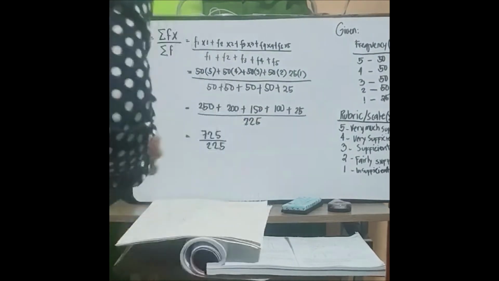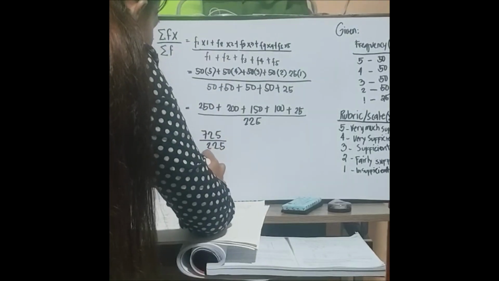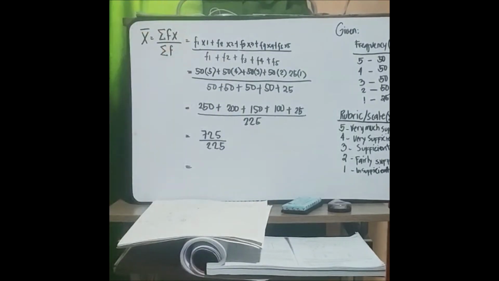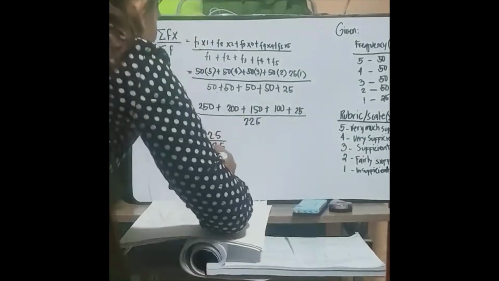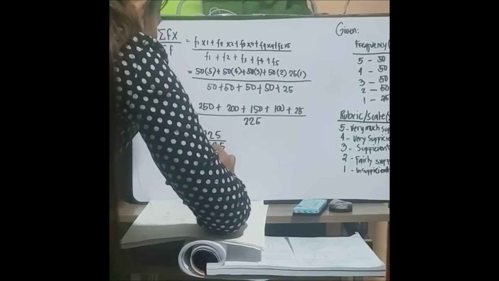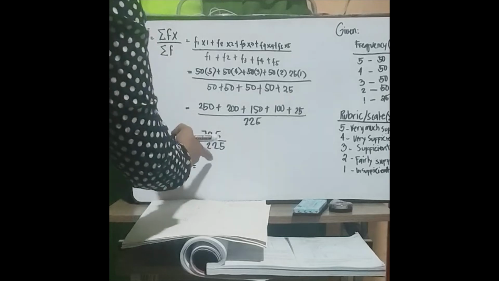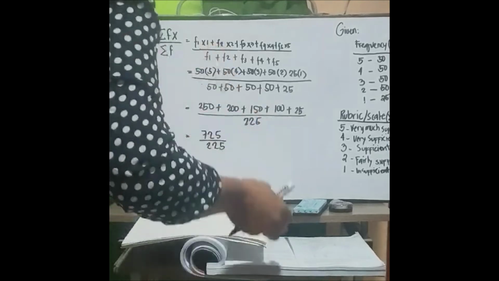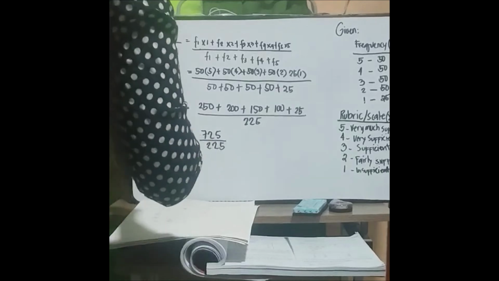Okay, now let's find out what's the mean of this problem. So, what we're going to do is to divide 725 divided by 225. So, we arrive to the total weighted arithmetic mean value.